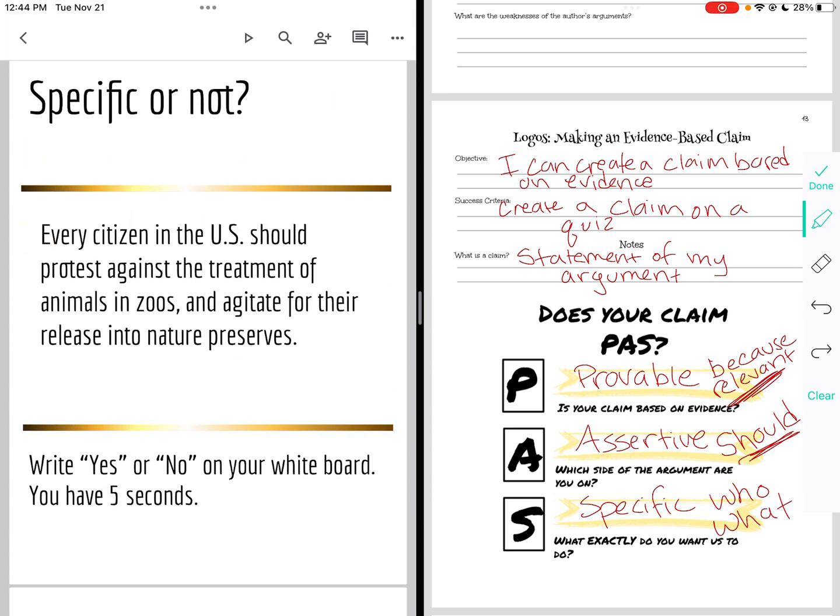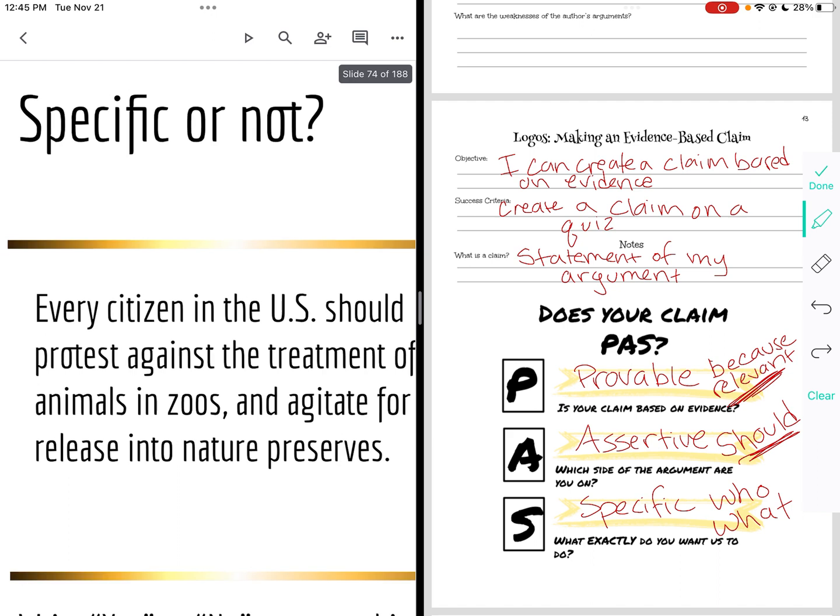Every citizen in the United States should protest against the treatment of animals in zoos and agitate for their release into nature preserves. Is this a specific claim? Does it pass? 5, 4, 3, 2, 1. So, first of all, is it specific? Who? Every citizen of the United States.